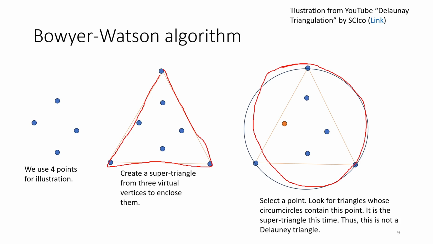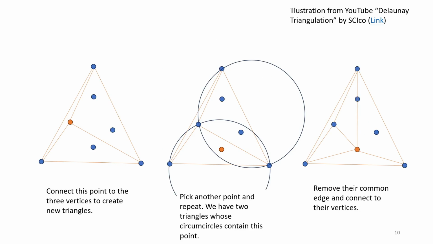Okay, so next, let's pick any point in the input data. For example, this one, I use a different color to distinguish it. Then let's connect this point to its super triangle. Then for those triangles, we can create some second circles. So this one and this one.